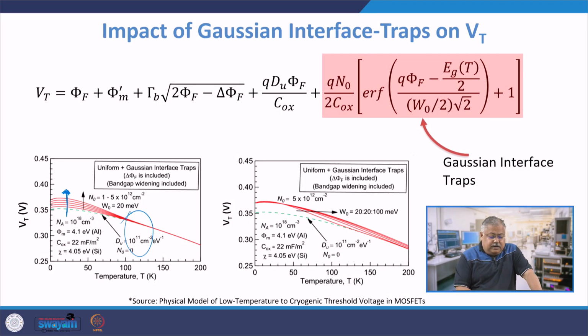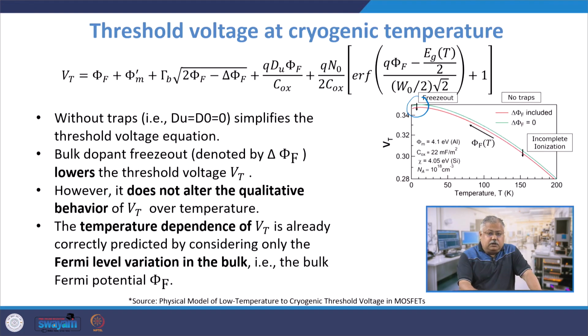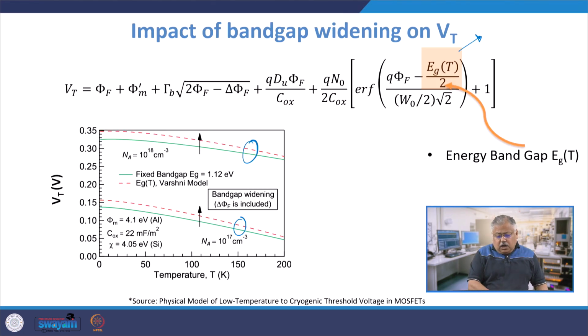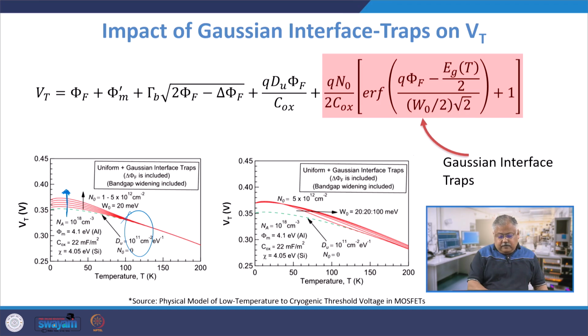Let me recapitulate what we did in this whole discussion. We took this expression which you see in front of you, took each one of its terms individually, and saw how it varies with respect to temperature, and we were able to find out which one is important as far as understanding is concerned. If you look at this model, the Gaussian interface trap charges model for the threshold voltage, it actually has the Eg by 2 already built into it, right.